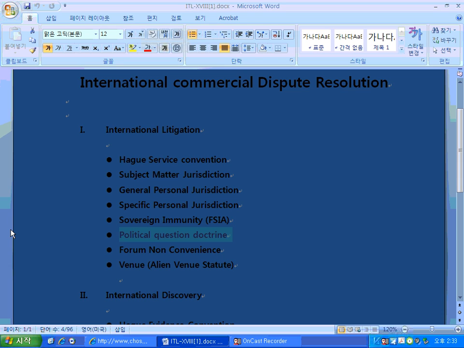So the political question has several elements to be satisfied. So actually the case of controversy entitles the judiciary the power to resolve the dispute and controversy.